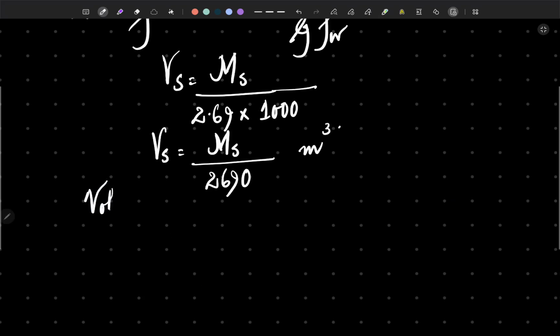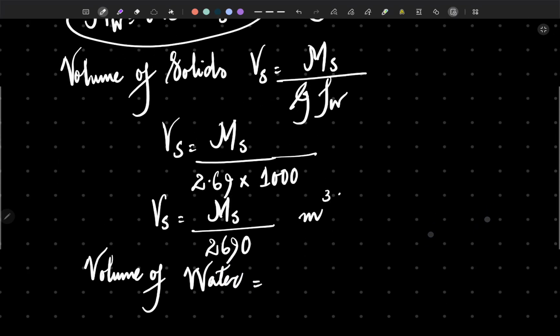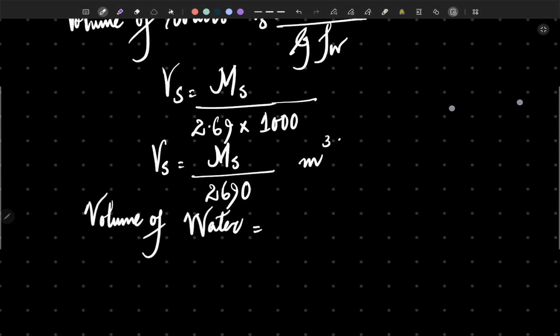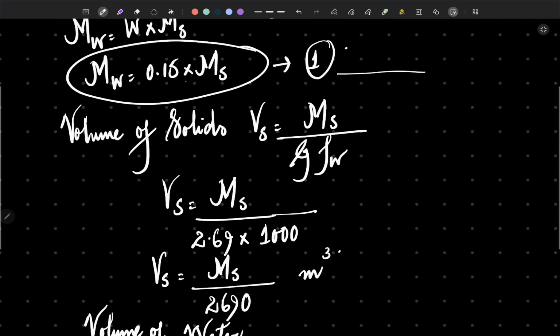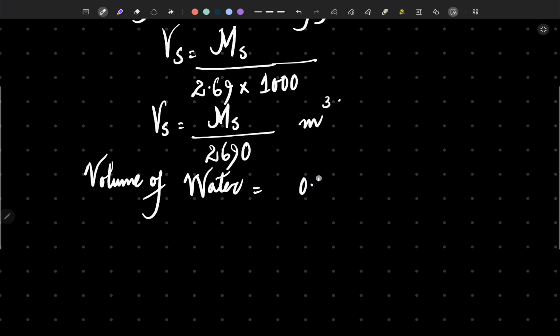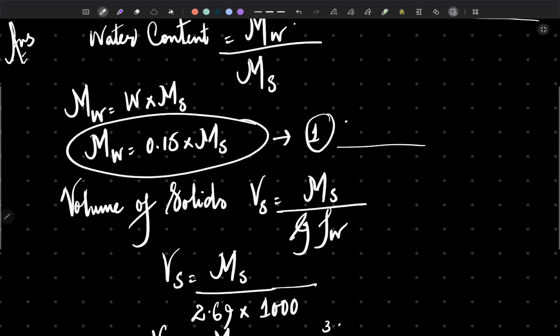Volume of water is equivalent to how much? We'll use equation number 1, mass of water, that is 0.15 multiplied by mass of solids. I have used equation first, which we derived in the very beginning, that mass of water is equal to 0.15 multiplied by the mass of the solids.